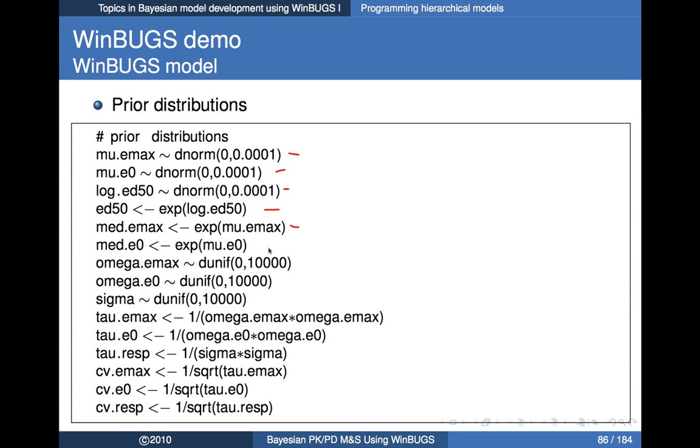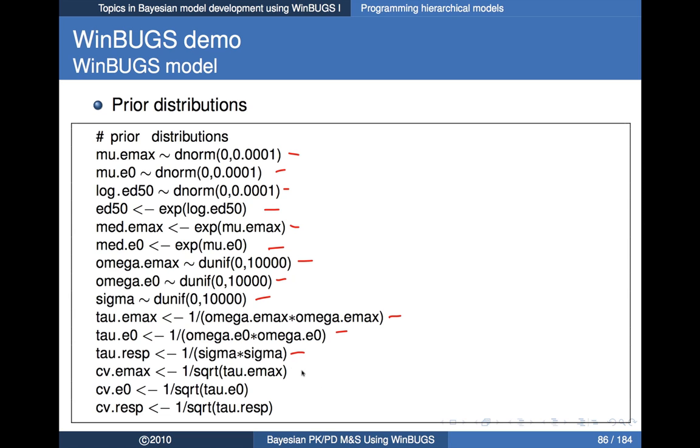Then I back transform all of those, and then recall all of our standard deviations I put in terms of uniforms that go from 0 to 10 to the 4th, and that's what we've got here. And then I convert all of those to precisions. Trying to remember why I did this.